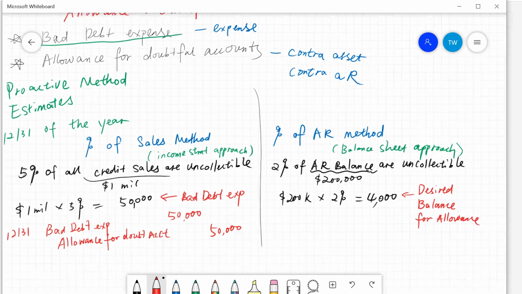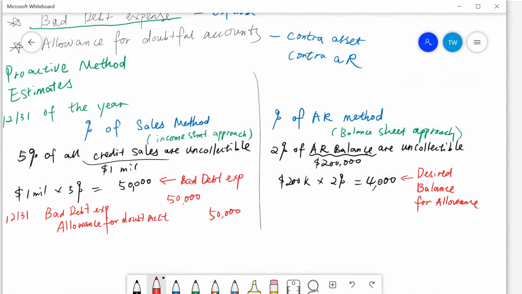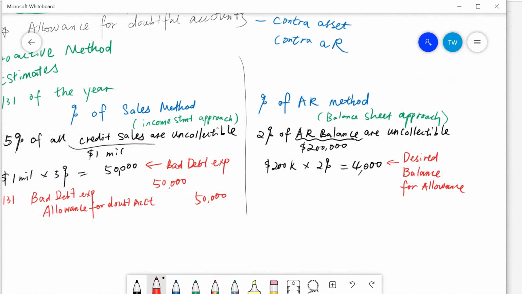What does that mean? Well, this is the tricky part. Let's say we have this allowance account, allowance for doubtful accounts. In this example, the 4,000 is what we want our allowance account to end up with.